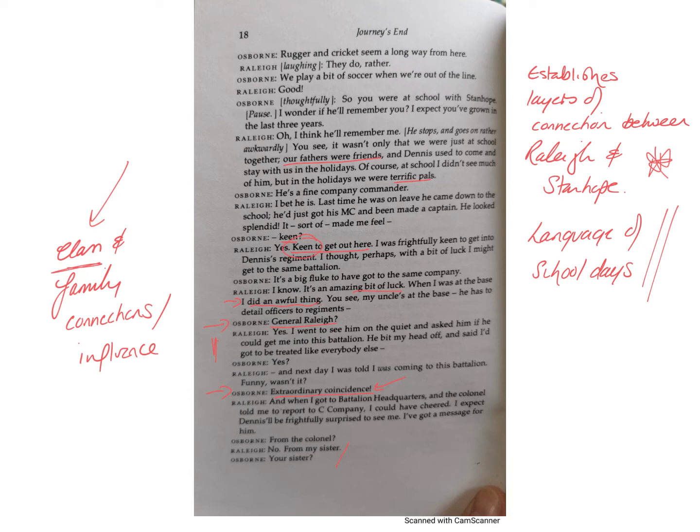Then another layer of connection, we learn the link between Stanhope and Raleigh is Raleigh's sister, to whom Stanhope is almost officially engaged. Okay, not quite, but there is that strong connection between the two families.